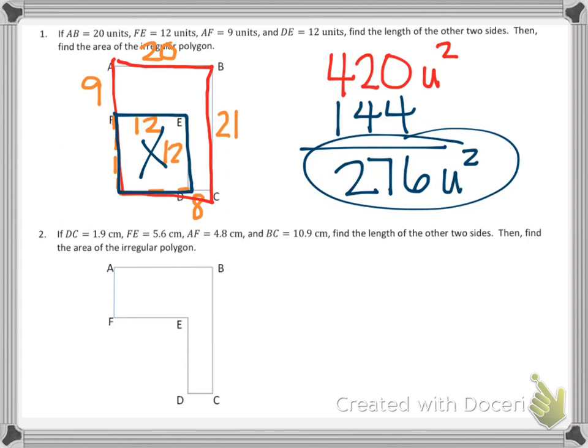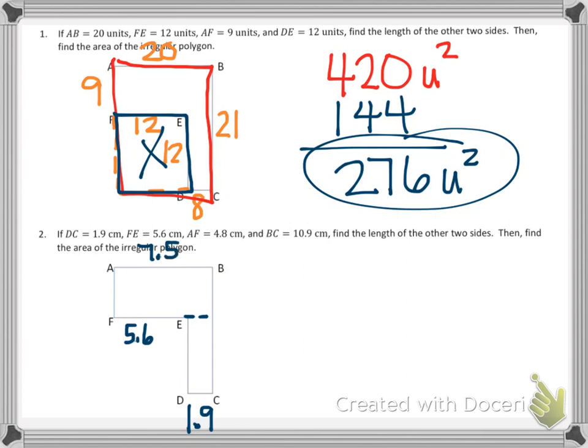All right, and on the bottom, this time I will decompose, and I think I'll cut it right here, and then I'll fill in what I have. I know that D to C is 1.9, so this is going to be a 1.9. F to E is going to be a 5.6, so that one's going to go right there. And then I'm going to stop because 1.9 plus 5.6 will give me A to B, and that's going to be 7.5.